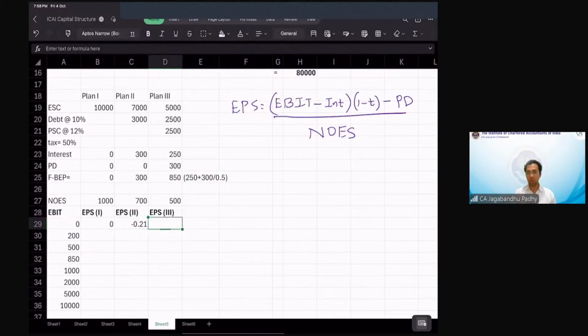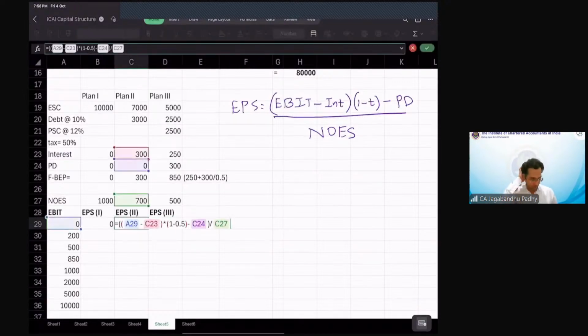Now, same way, if I want to compute EPS for plan 3, can you tell me what will be the EPS if your EBIT is 0? So EBIT is 0. Can you tell me what is the number for this?